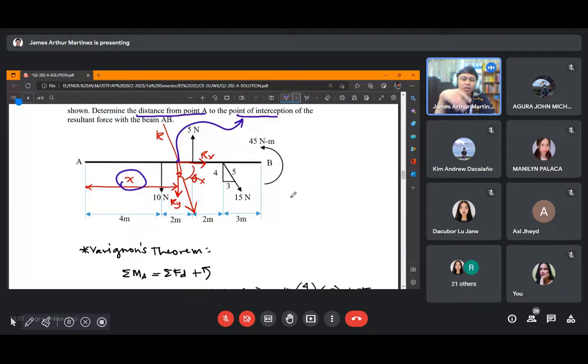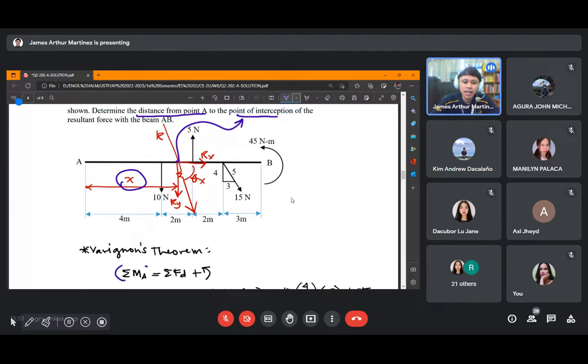As you observe from our previous discussions, we've been using this theorem, Varignon's theorem, to locate the point of action of our forces. So by applying Varignon's theorem, we can compute the distance x. How do we do that?